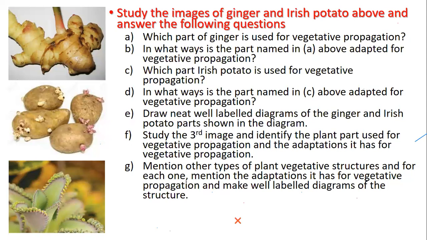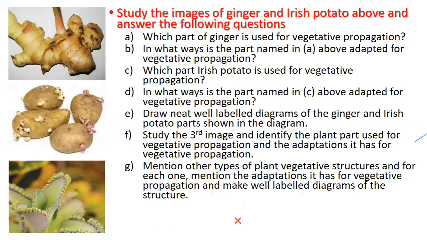In what ways is the part named in A above adapted for vegetative propagation? She's saying a stem. Okay, Alan is also saying a stem. I don't know if I'm the one who's not getting it. Okay, someone who's using Nokia says it has terminal buds which develop into aerial shoots.